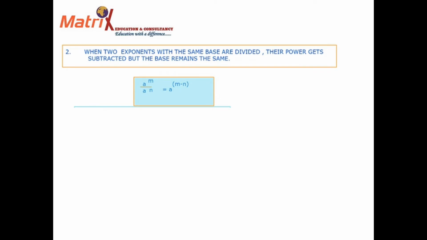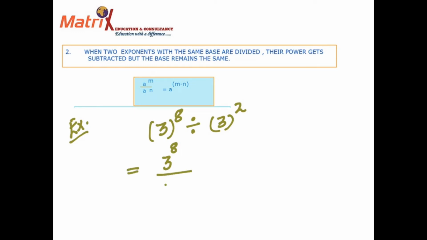a raised to the power of m divided by a raised to the power of n is equal to a raised to the power of m minus n. Now let's take an example. I have written 3 raised to the power of 8 divided by 3 raised to the power of 2.